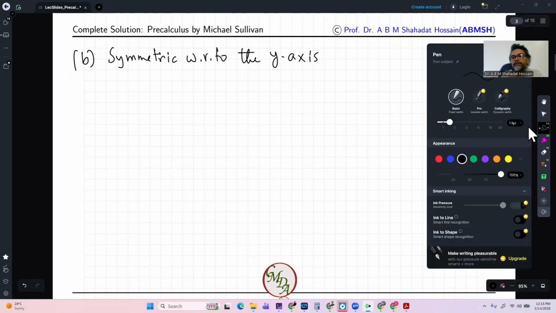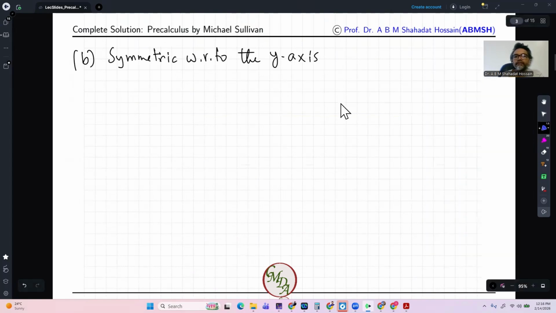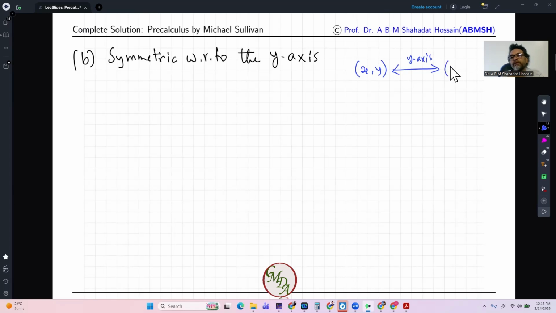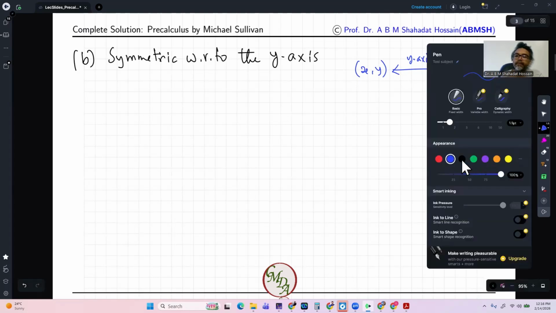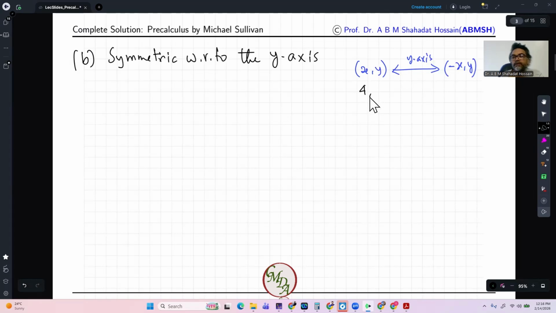The rule is: if any point x, y is on the graph and it is symmetric with respect to the y-axis, then it must have the point minus x, y. In our case, the given point is 4, minus 2, so the symmetric point will be minus 4, minus 2.